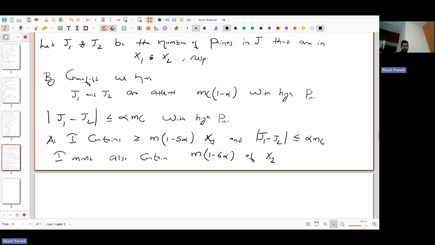Just because you subtract them, you'll get at least this many points of x2. So we have proved this lemma. I hope this is clear.